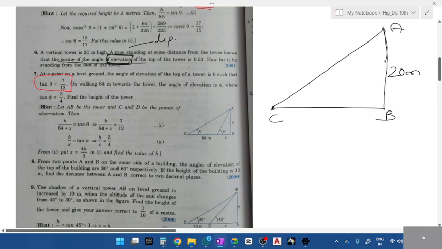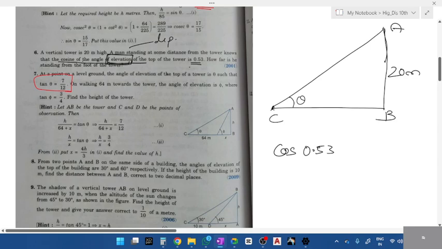What is the trigonometric ratio mentioned here? Sine, cos, tan, which one? Read the question. Cosine. Cos how much? Okay, cos 0.53. This is what they have mentioned, students.